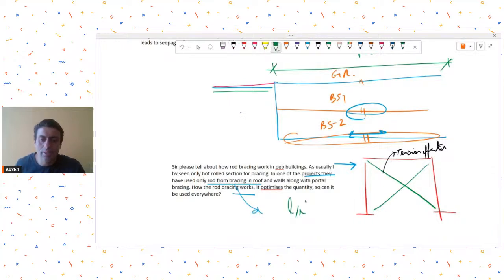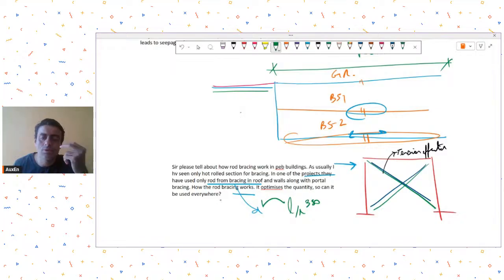So the L by R they will maintain at around 350, and that's how they provide this kind of tension bracing rod. Some people even provide only a bar, 12 dia bar, or something like that, which sometimes does not even have a slenderness ratio of 350.